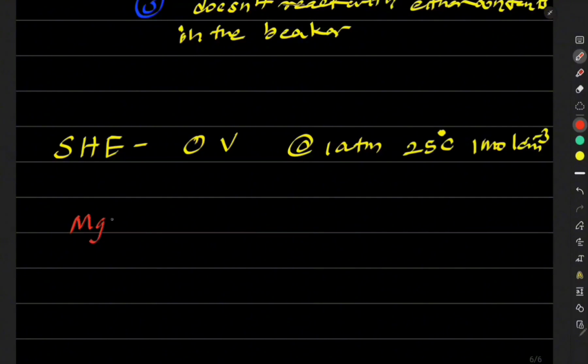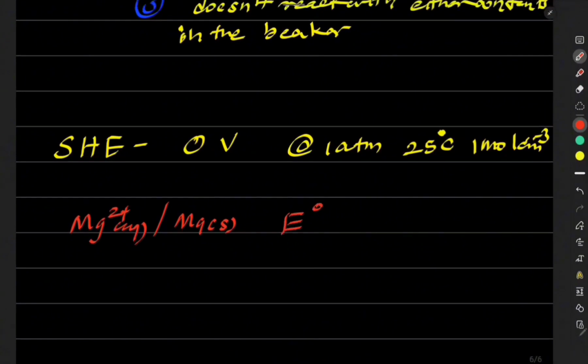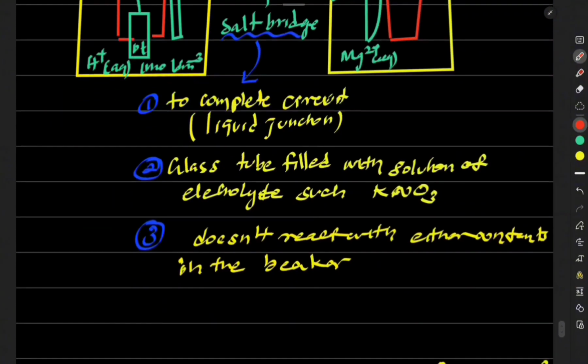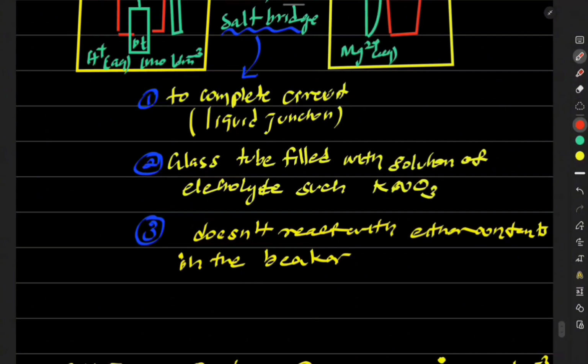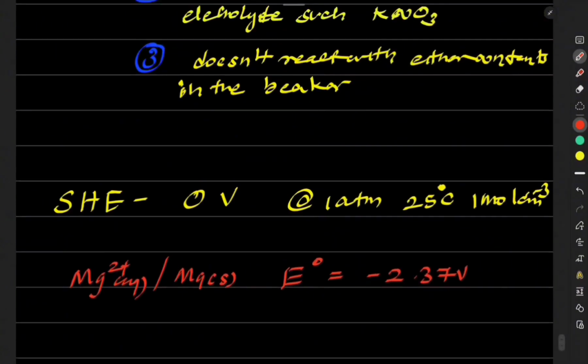For Mg2+ aqueous over Mg solid, the electrode potential is minus 2.37 volts. One electrode will undergo reduction and the other undergoes oxidation. And here the Mg2+ undergoes reduction because it has the ability to attract electrons more than the hydrogen.